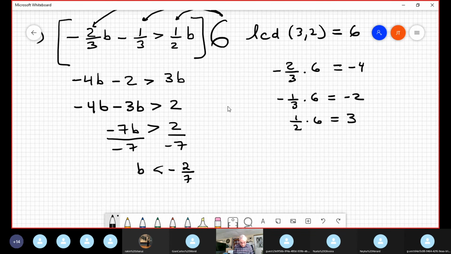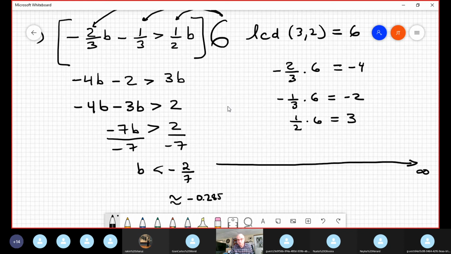2/7 is expressed as a fraction. You put it in the calculator, 2 divided by 7 is 0.28 approximately, negative 0.285. It's almost 29. Okay, entonces, to do the sketch of this approximately, because it's graphical, suppose this is 0, and this is negative 1, and this is positive 1.